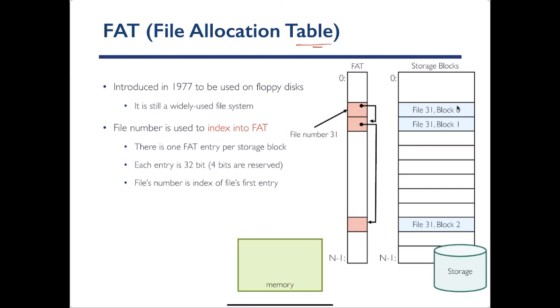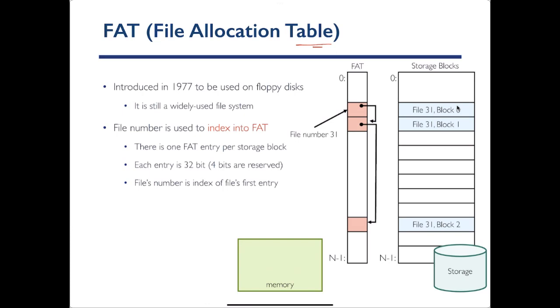So the 10th block in storage would be your first block for file number 10. If the file number is 100, it means that block 100 in storage is the first block for this file. So the first block is always easy to find. The first block is your file number.